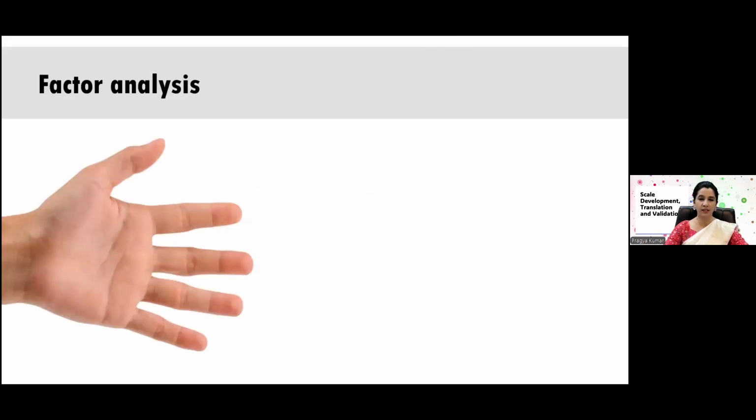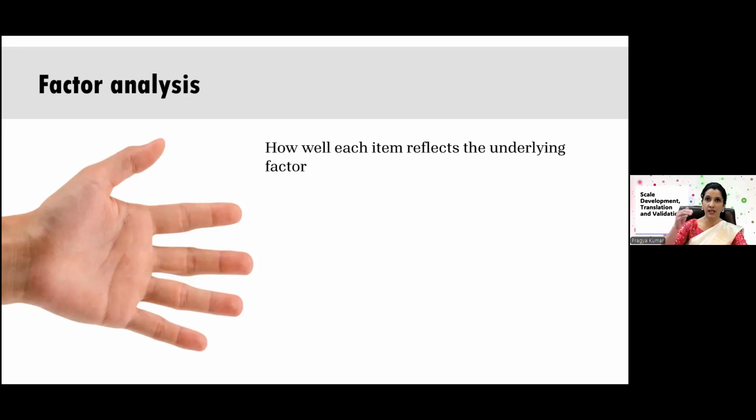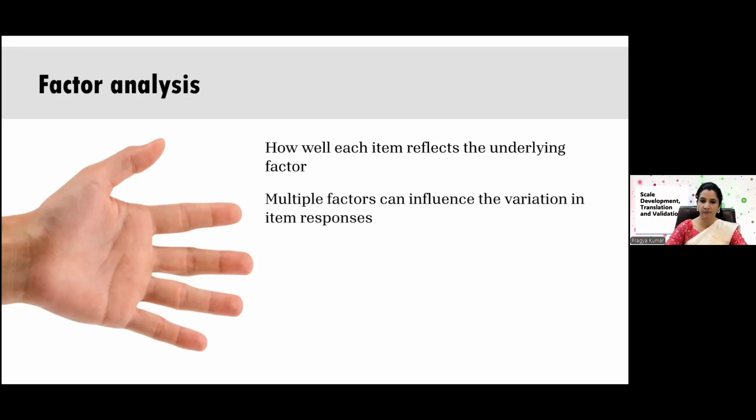So what is a factor analysis basically? In the case of an empathy scale, we have got 16 items. What we have assumed is that these items reflect an underlying factor. There are multiple factors which can influence the variation in item response.